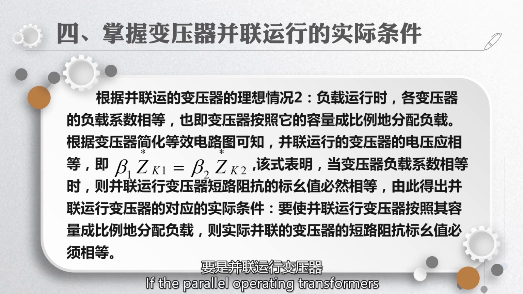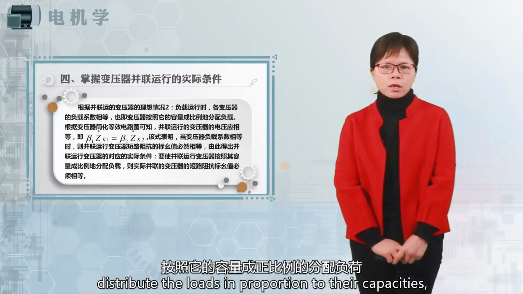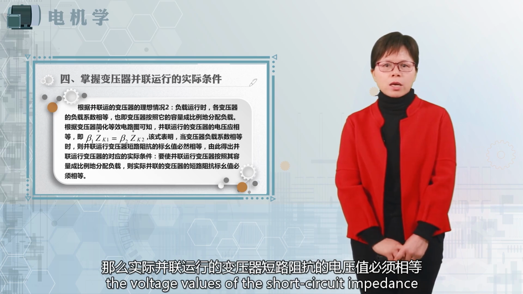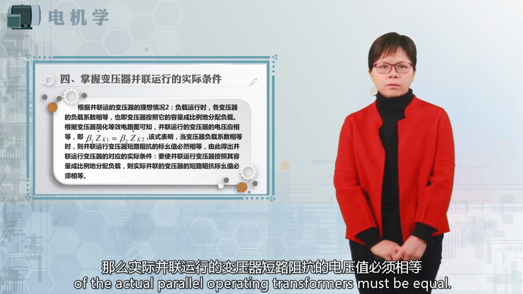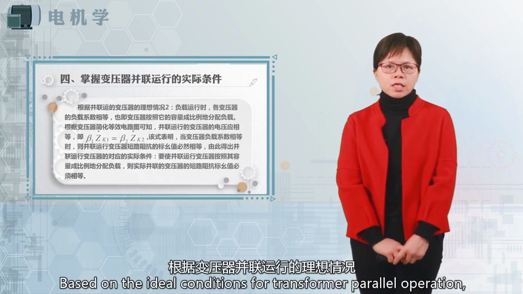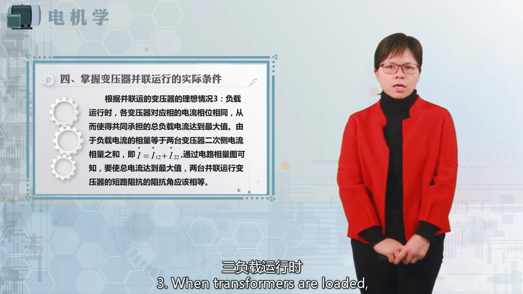If the parallel operating transformers distribute the loads in proportion to their capacities, the voltage values of the short circuit impedance of the actual parallel operating transformers must be equal. Based on the ideal conditions for transformer parallel operation, 3.